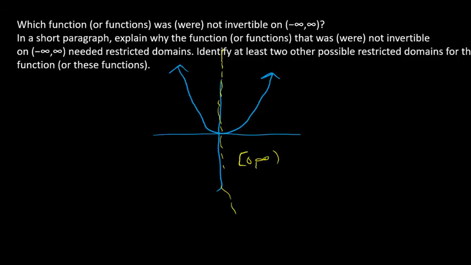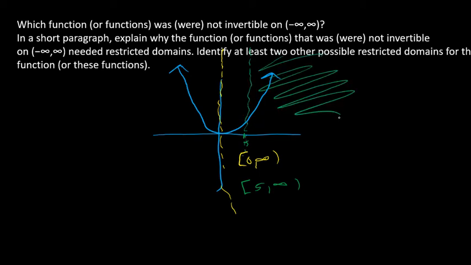Had we been given the question, is the function invertible on, for example, 5 to infinity? Well, the answer still would have been yes, right? So that could be an example of another possible restricted domain for the function.